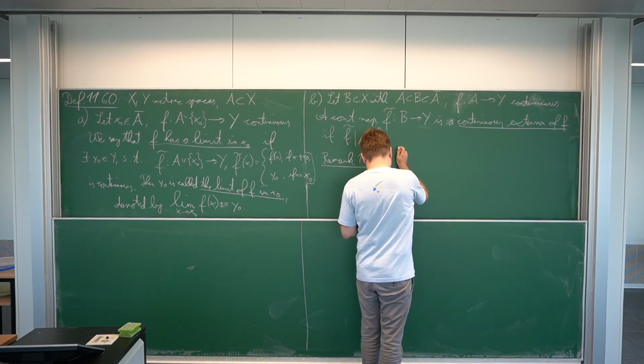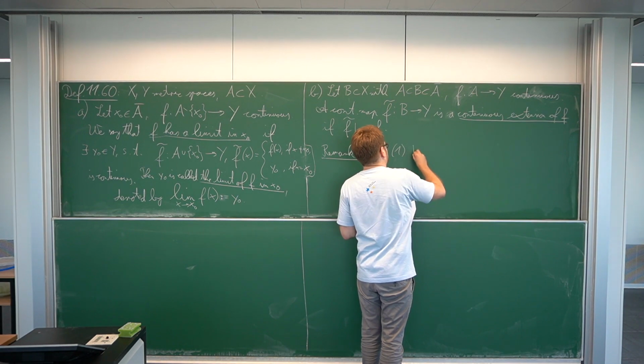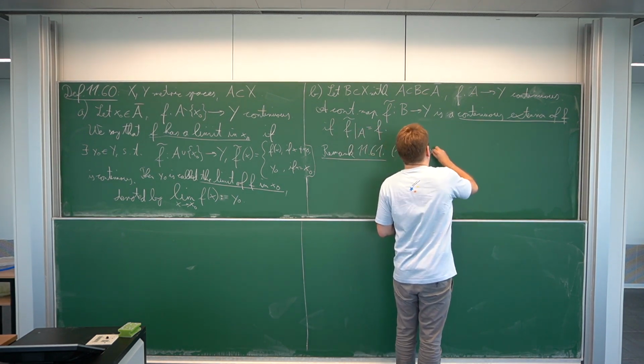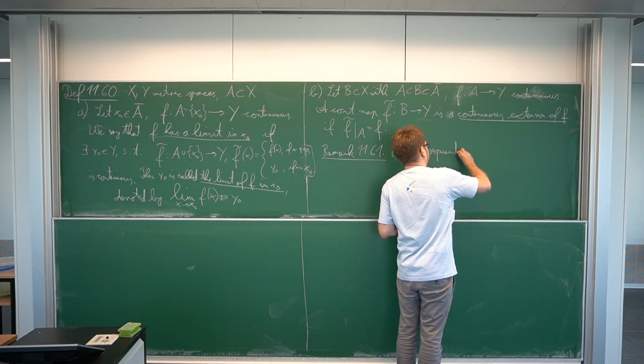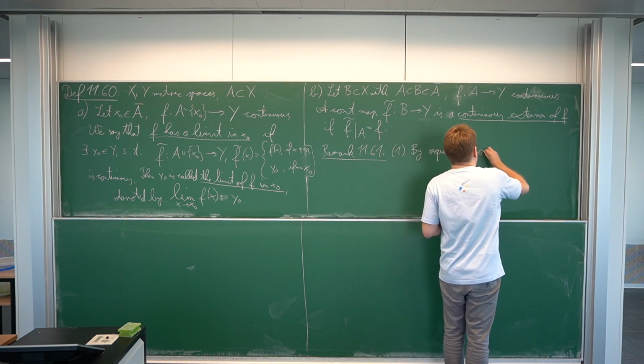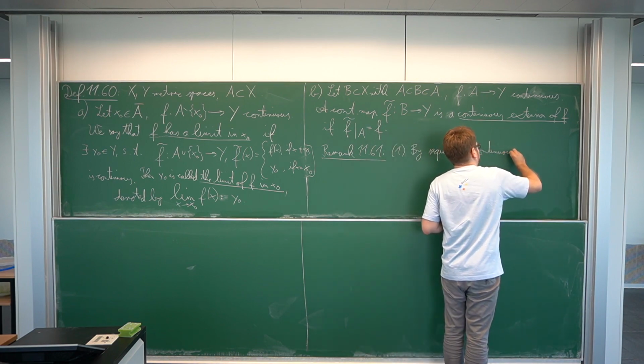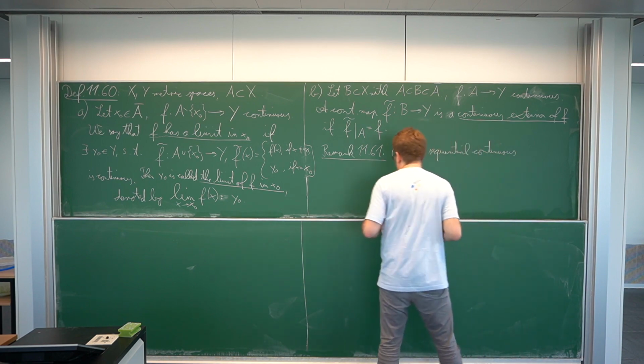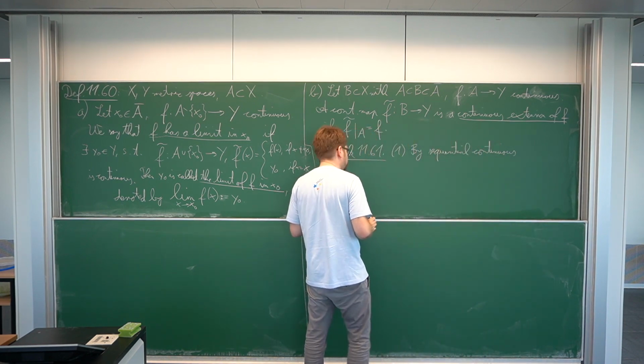Okay, first of all, by sequential continuity, let me just do this very quickly. We can again characterize the limit of a function by considering sequences. This is one-to-one the same as we did in the last semester.